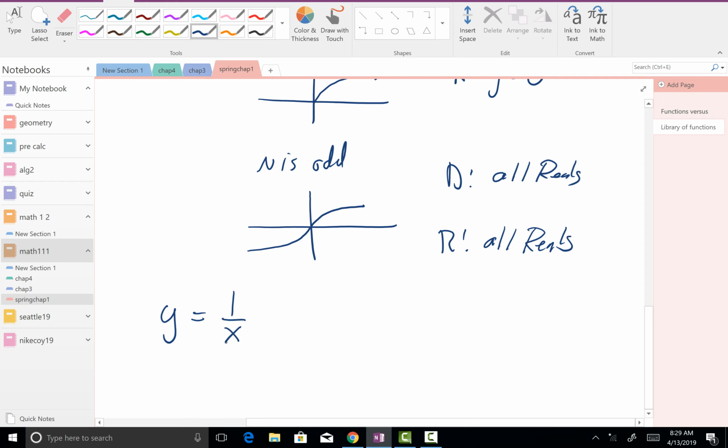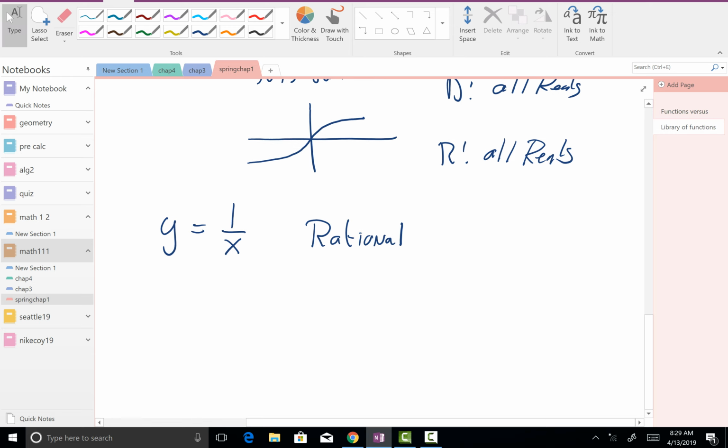This one they call a reciprocal function, all right? But most of the time it's known as a rational. And it looks like this.